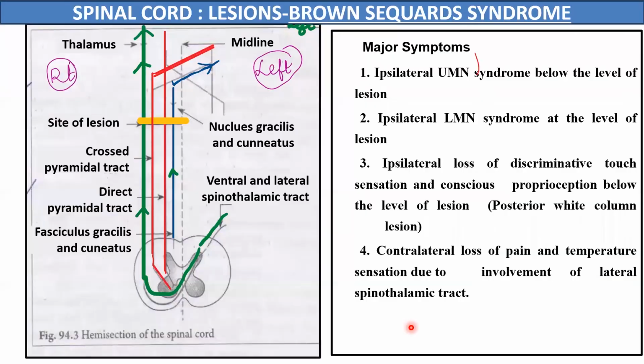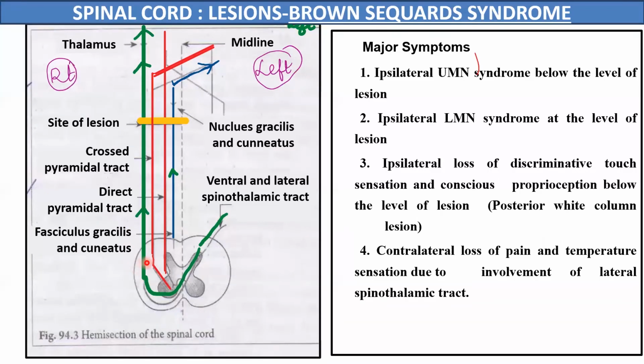And these symptoms will be, so if we imagine in this diagram that the right half of the spinal cord has been destroyed, the sensory symptoms in the patient will be first about the involvement of the lateral spinothalamic tract. So now the right lateral spinothalamic tract has been damaged, and as we very well know, the second order neurons of the lateral spinothalamic tract cross from left to right side anterior to the central canal.